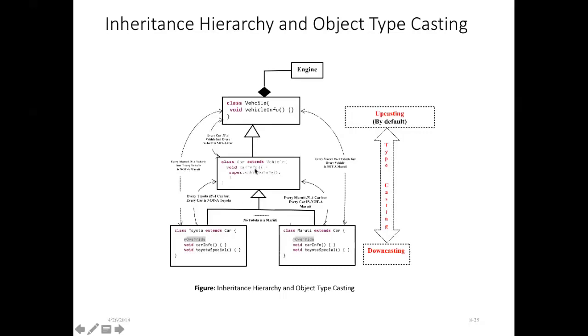Since Toyota extends the Car class, a Toyota object will have access to carInfo twice, one for its own and another from its parent. Similarly, Maruti extends Car, so Maruti will have its own carInfo as well as access to the parent class Car's carInfo.